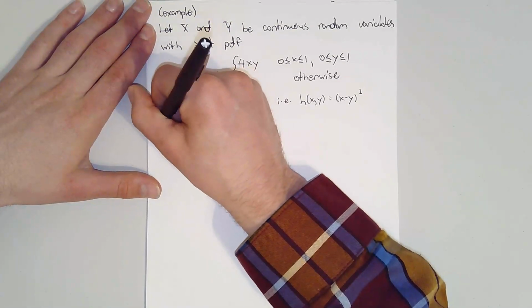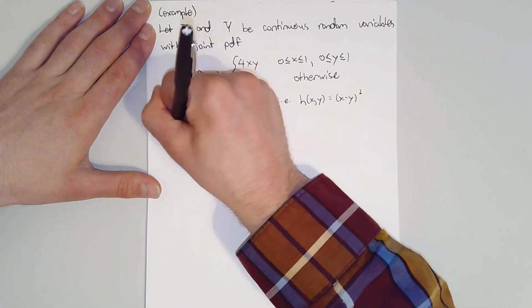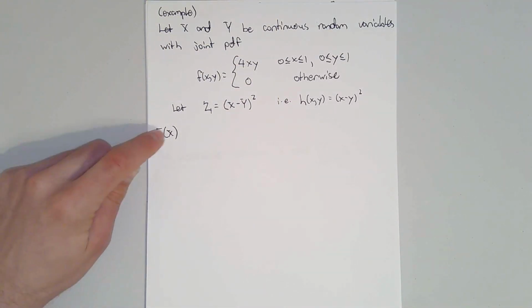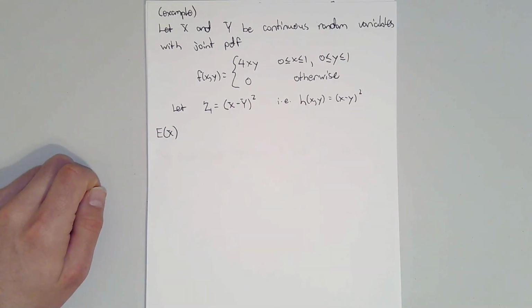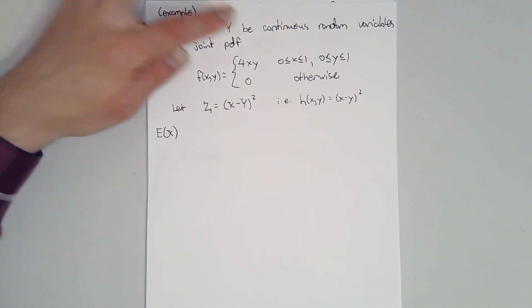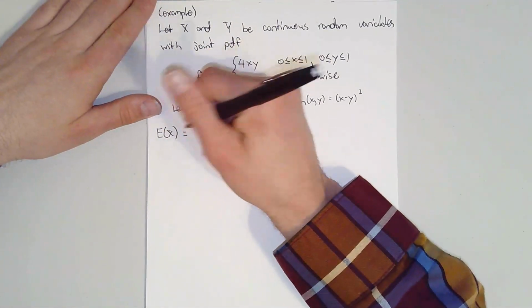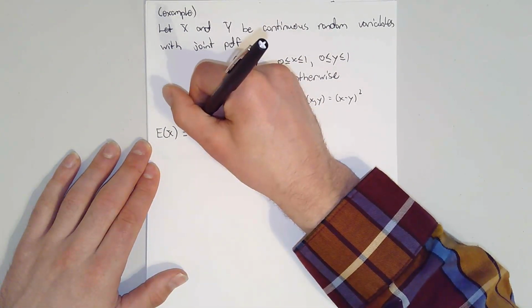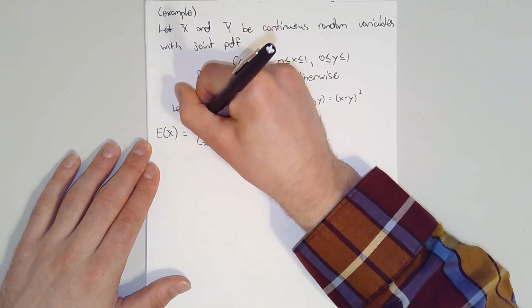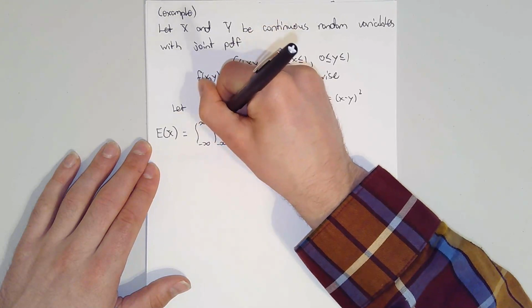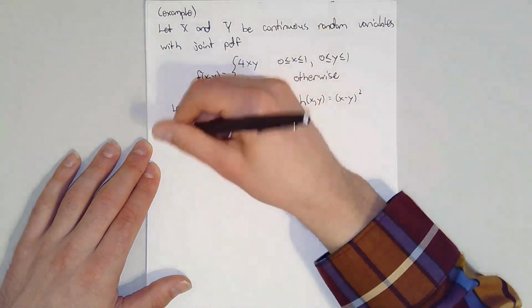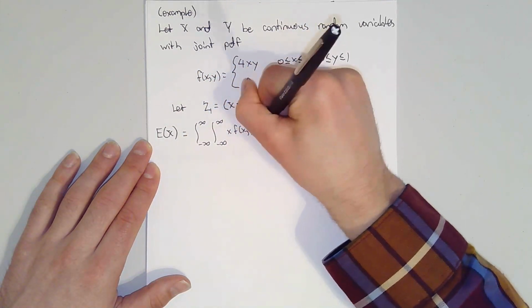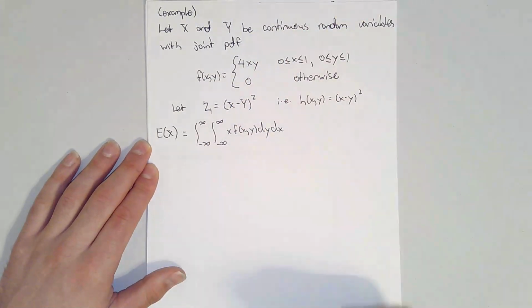First off, we can compute the expectation of just the random variable X, because capital X is also a function of capital X and capital Y. So by our result, this is the double integral of our function here, which is just x, multiplied by the joint PDF.